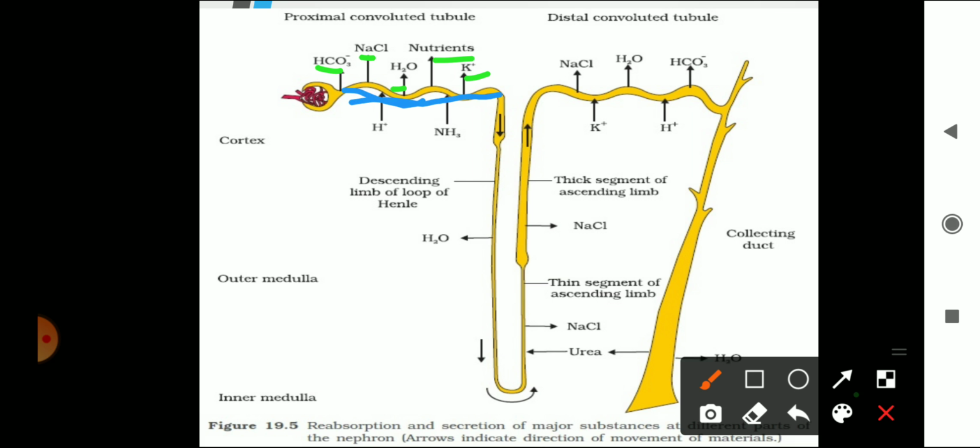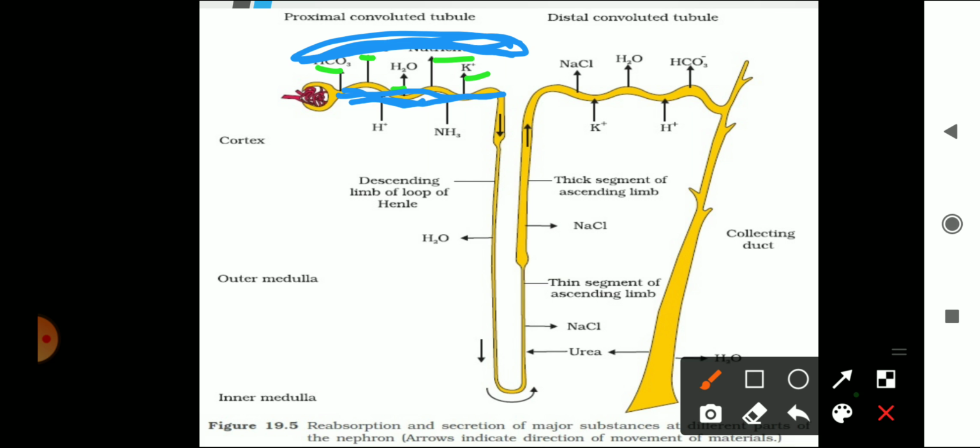So from the filtrate, these substances, that is HCO3 minus, NaCl, H2O, nutrients, potassium ions, will be reabsorbed back. This part is the interstitial fluid. Whereas hydrogen ions and ammonia will be secreted from the peritubular capillaries into the glomerular filtrate. So this is the function of the PCT.